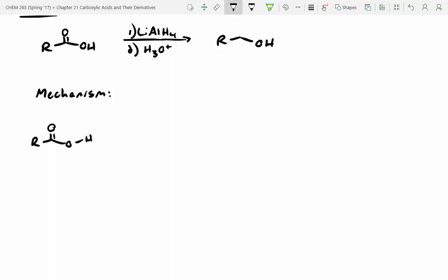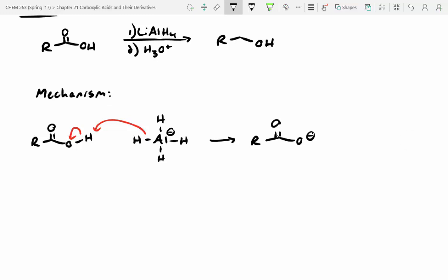So like I said, lithium aluminum hydride is a much, much stronger base than sodium borohydride. So the first step is going to be the fastest reaction in chemistry. It's just going to deprotonate your carboxylic acid. And then this next step is kind of interesting.